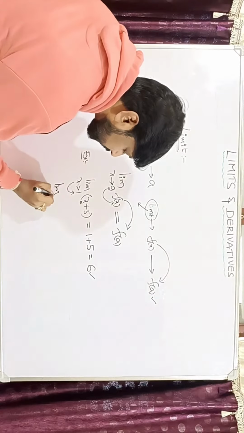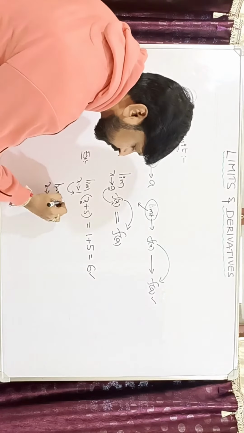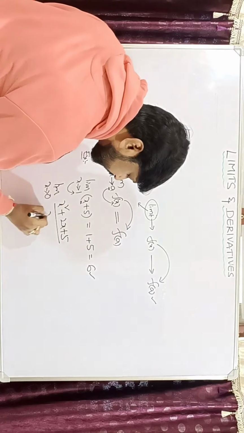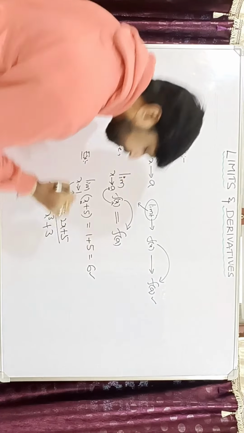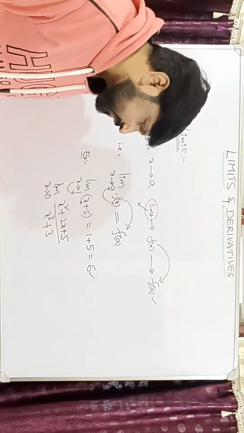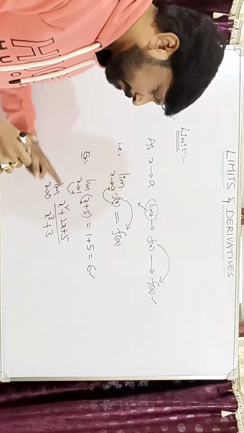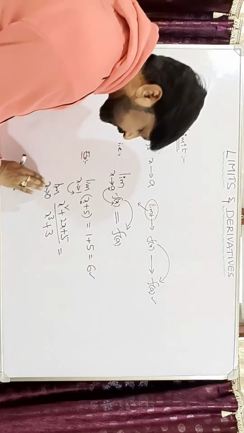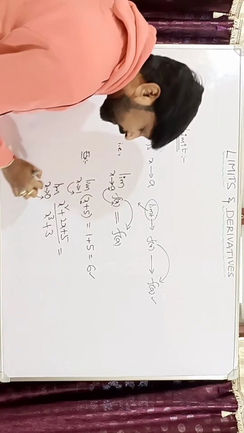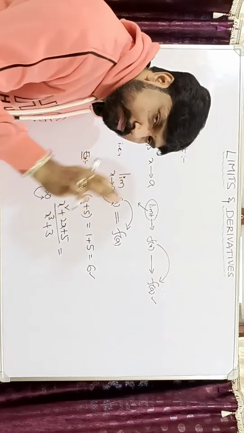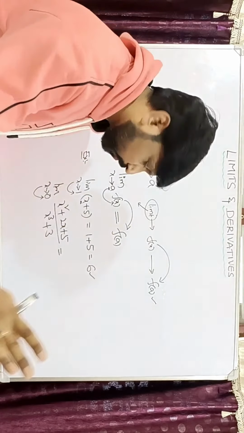I'll give you one more example. Limit x tends to 0, x square plus 2x plus 5 by x cube plus 3. This is the question. This time, very simple, just replace x with 0.